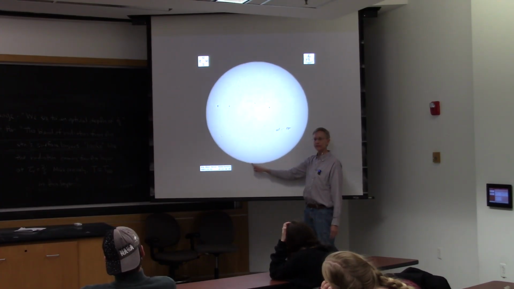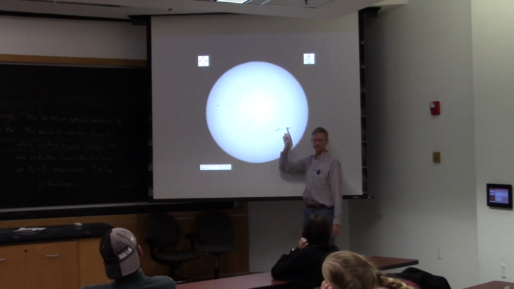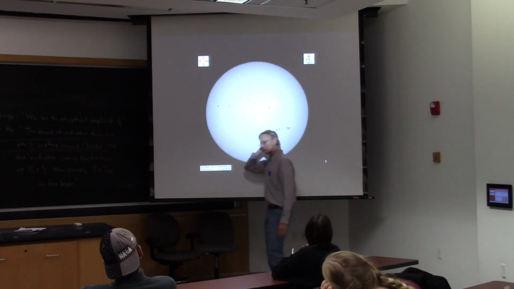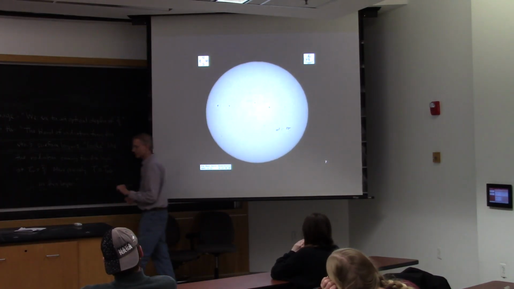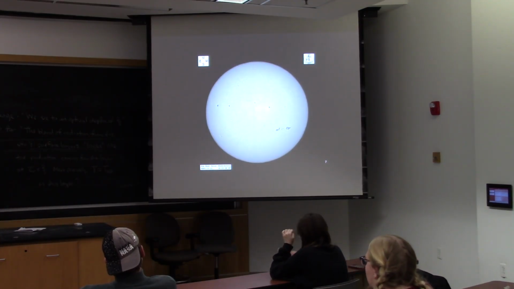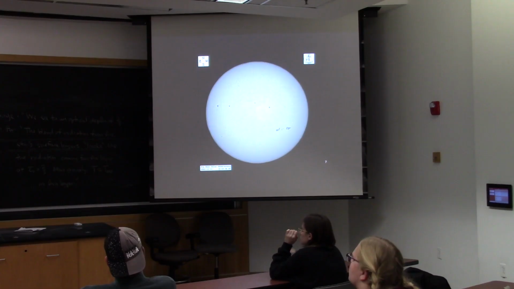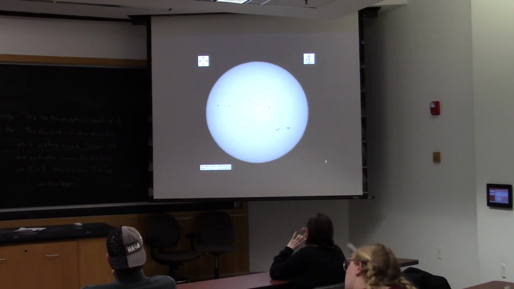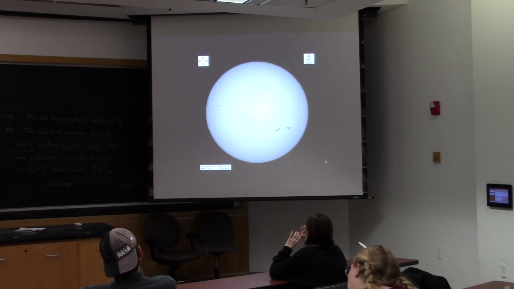The edges look a bit dimmer than the center of the disk does. And astronomers call the edge of the apparent disk of a celestial object the limb, same spelling as your limbs, right, arms and legs. So we talk about limb darkening, where the edge of a star appears darker than the center does.